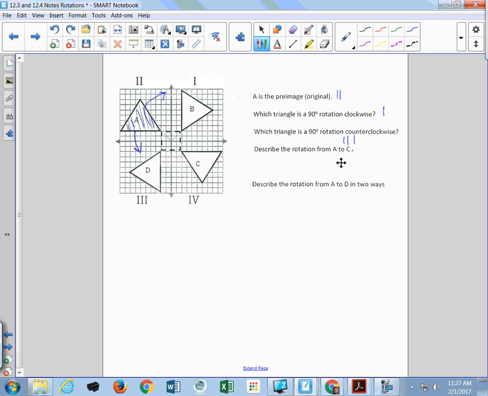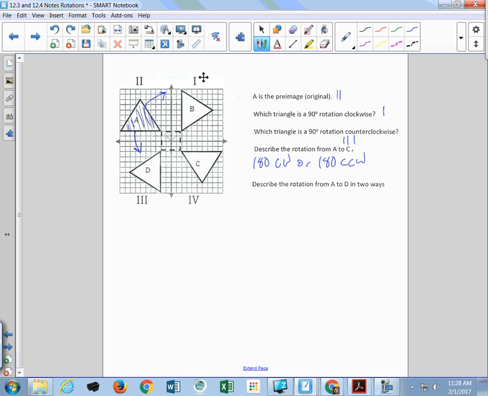All right, describe the rotation from A to C. Okay, if I go 90, 180, I can say it's 180 degrees clockwise, or I could say it's 180 degrees counterclockwise. Okay, 180 degrees either direction will put you in the same spot.